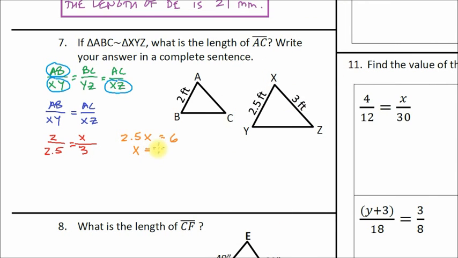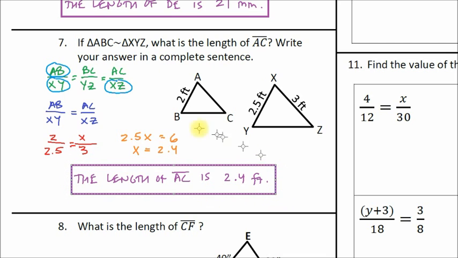So x is equal to 2.4. Let's write that as a sentence. The length of, and what we're looking for again, AC, of AC is 2.4, and the unit of measure here is feet.